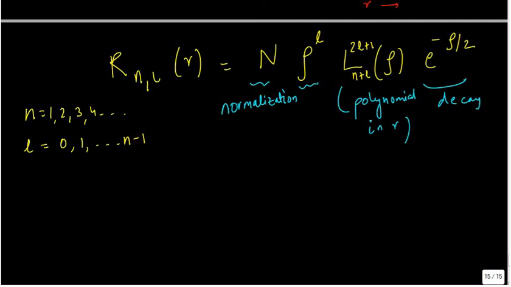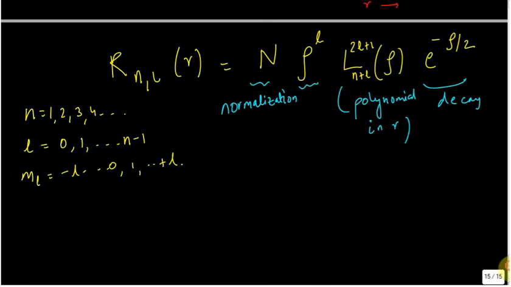So all these conditions also come from the solution. And ML of course goes from minus L, 0, 1 to plus L. This we have seen earlier. It comes from the previous solutions, and this condition that L can go from 0 to n minus 1 comes from this particular solution.